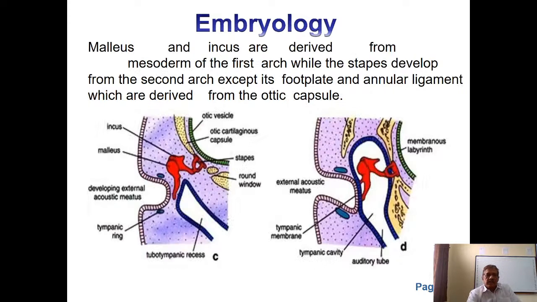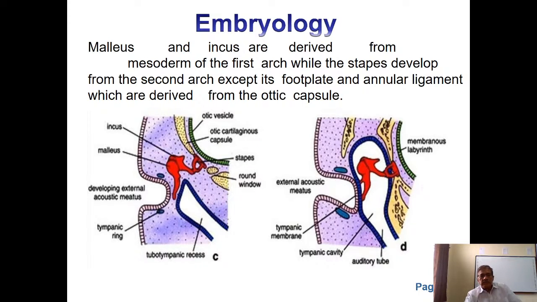Whereas the malleus and the incus, there are three bones in the middle ear cavity: malleus, incus, and stapes. The malleus and the incus are derived from the mesoderm, that is the tissue which is in between the ectoderm and the endoderm of the first arch, while the stapes is developed from the second arch, except its footplate and annular ligament, which are derived from the otic capsule.